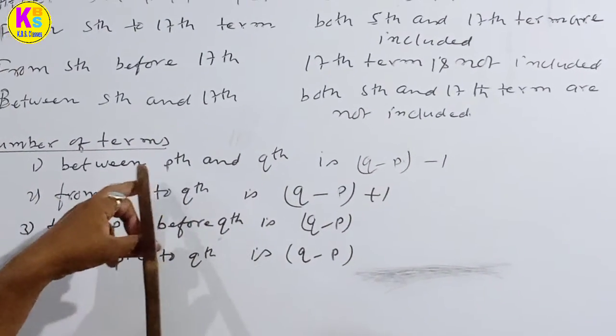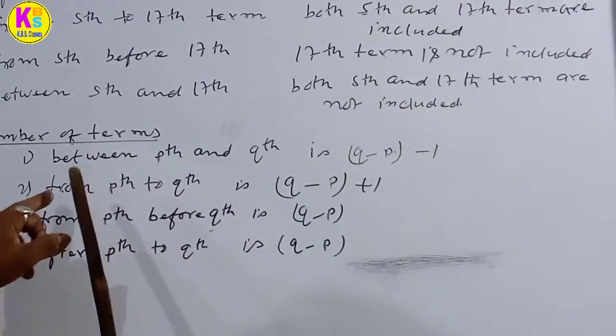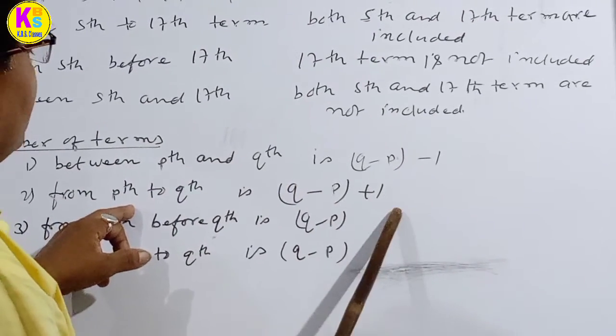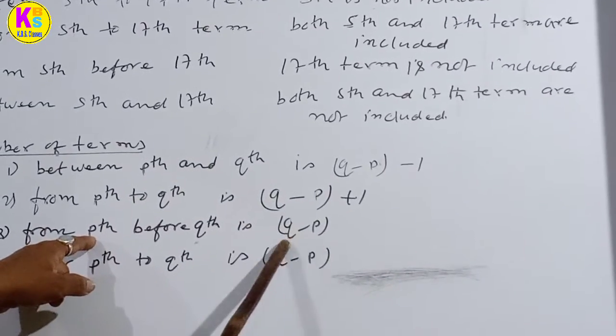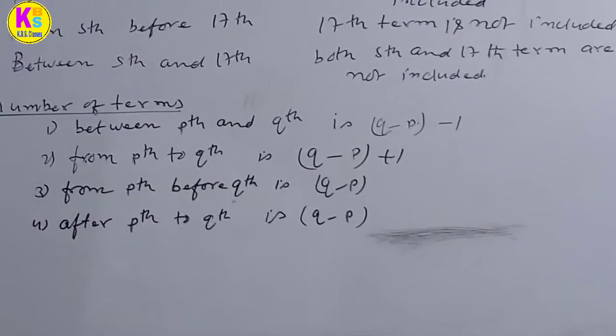Then you will get the total number between the pth and qth terms. From the pth to the qth term, it is q minus p plus 1. From pth before qth, it is q minus p, and after pth to qth it is also q minus p.